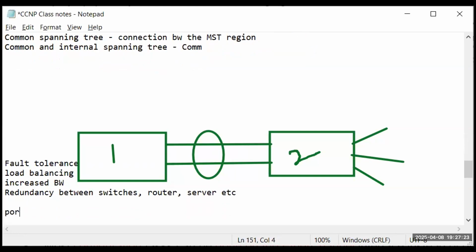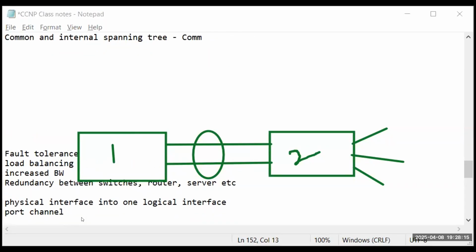So Ether channel is a technology, but how is that achieved? By putting all the physical interfaces into a logical interface called a port channel. The physical interfaces are bundled, as I've drawn in the diagram, into one port channel.